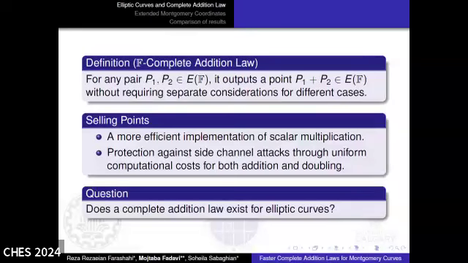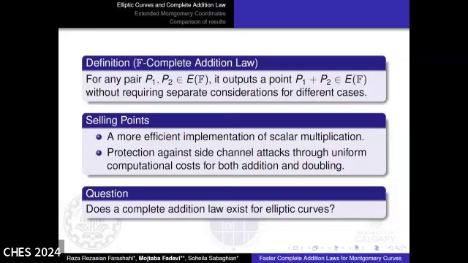Now suppose that we want to talk about the complete addition laws. An addition law is complete if for every given 2 points, P1 and P2, it can compute P1 plus P2 without any separate consideration. What's the selling point of the complete addition law?